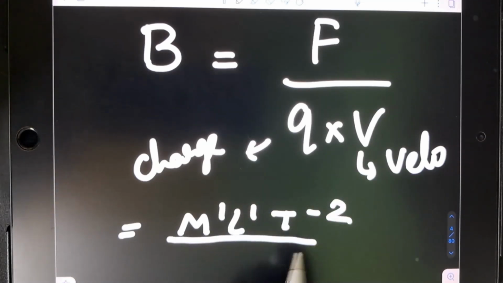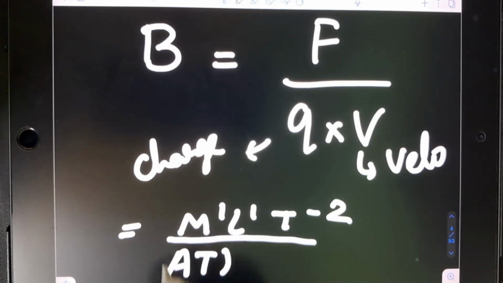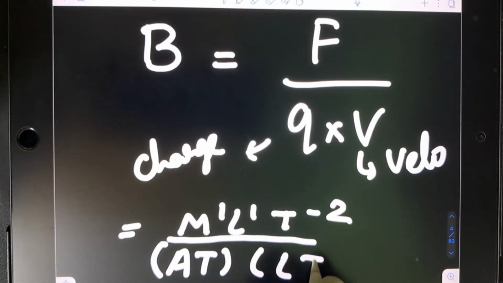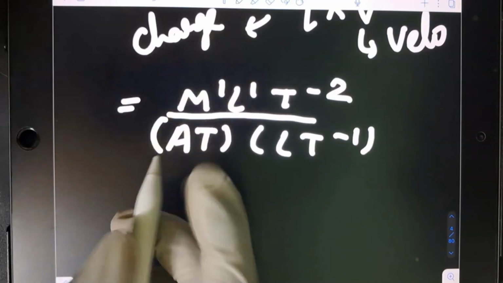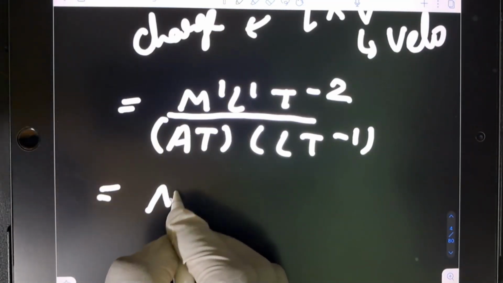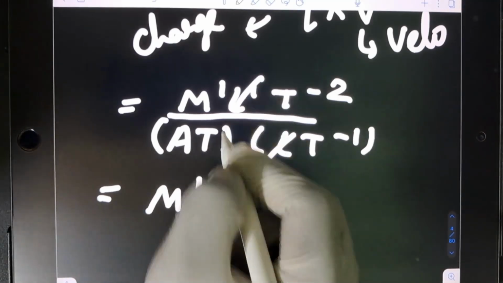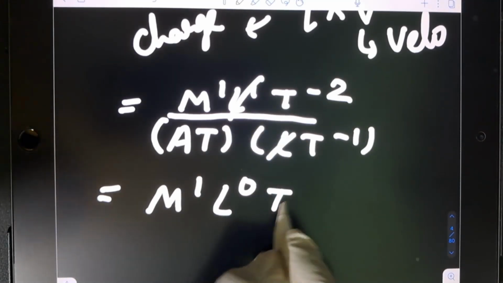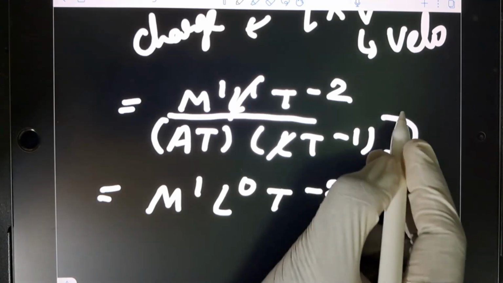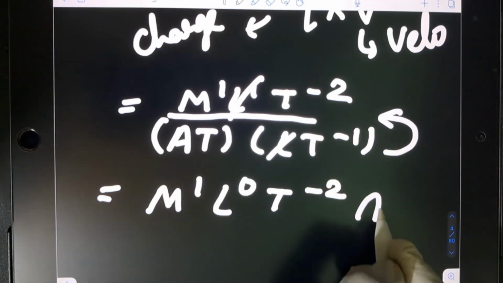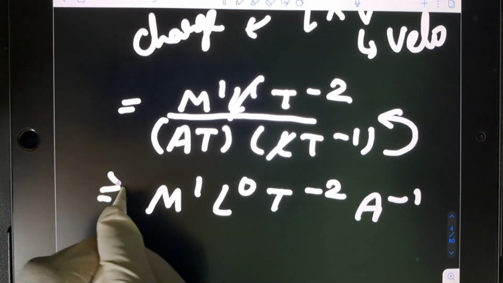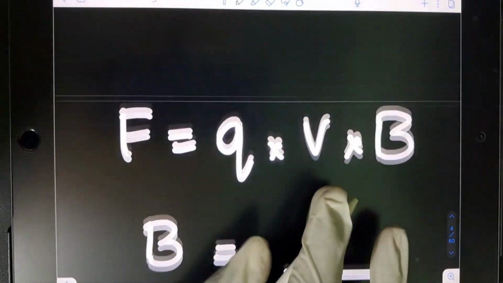Here charge is equal to current into time, A into T, and velocity is L T^-1. Now on cancellation of length and reciprocation, we get M^1 L^0 T^-2 A^-1. This is the dimensional formula of magnetic field.